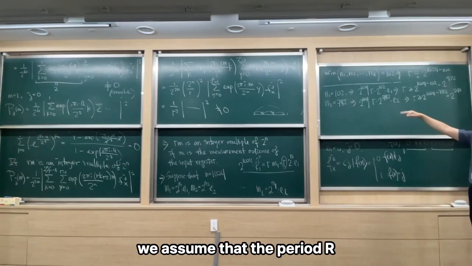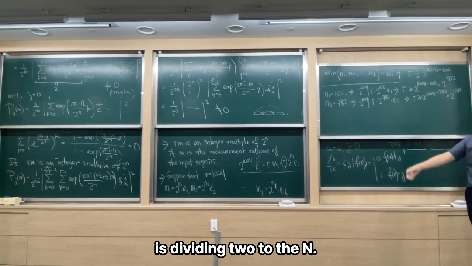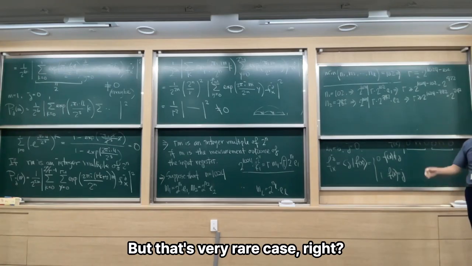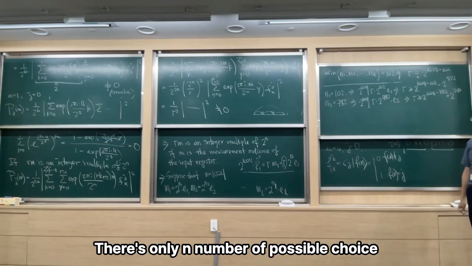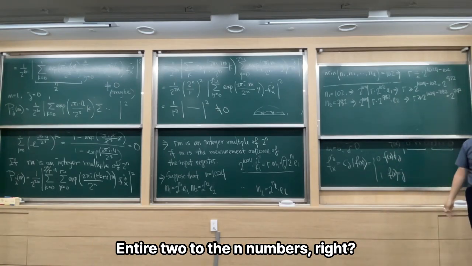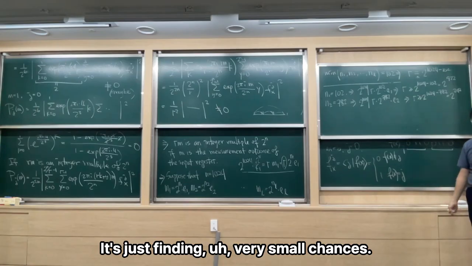In this case, we assume that the period r is dividing 2 to the n. That means r is always a power of 2. But that's a very rare case. There are only n possible choices of period among the entire 2 to the n numbers. It's just finding very small chances.